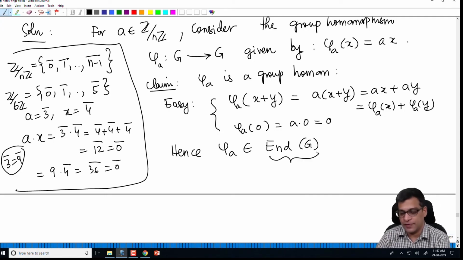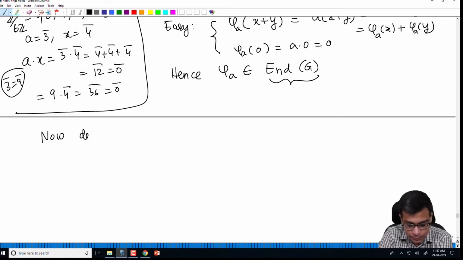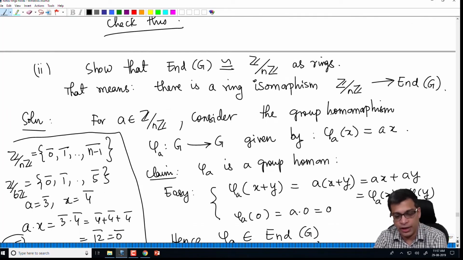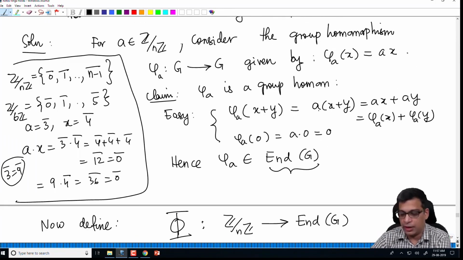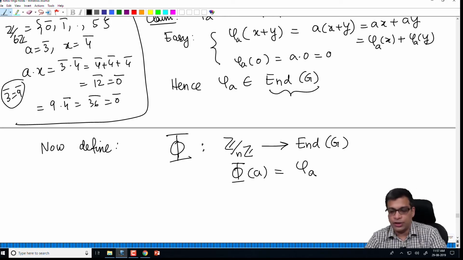These are group homomorphisms from G to G. So phi A is one such, so it's in End G. Now define the map capital phi from Z mod nZ to End G. Remember, in the previous slide we started with an arbitrary element A and defined an endomorphism phi sub A. Now I am defining capital phi by defining capital phi of A to be simply phi A. We have already checked in the previous slide that phi A lands in End G. So capital phi of A is small phi sub A.